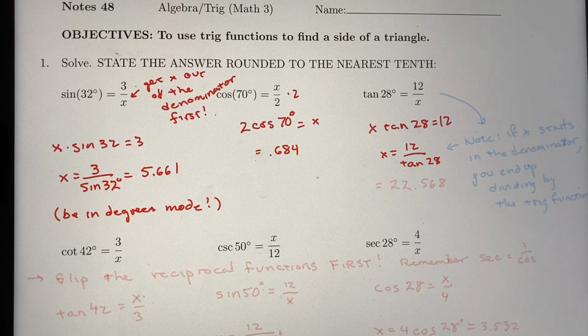Okay, so one quick note, faster way. I'm going to save a step and just say, if x is on top, you end up multiplying by the trig function.